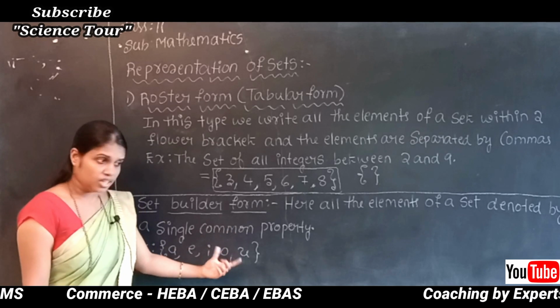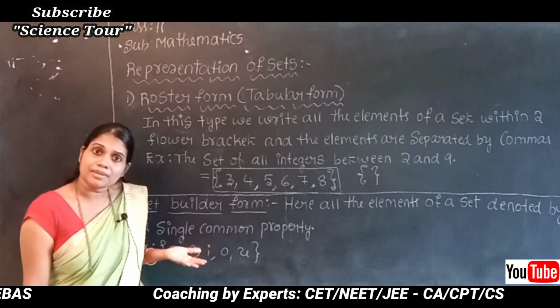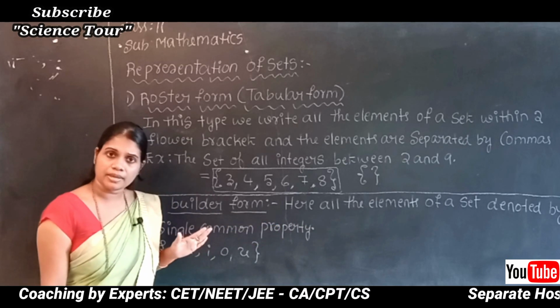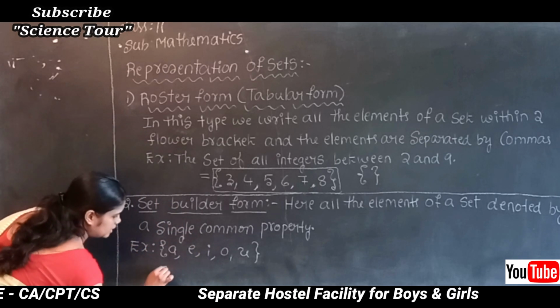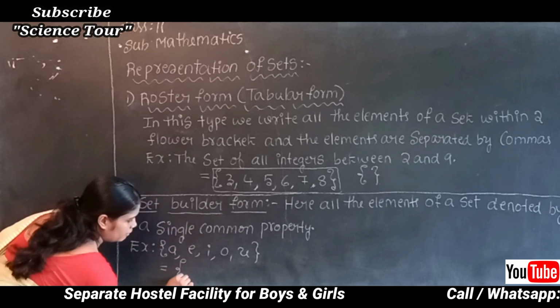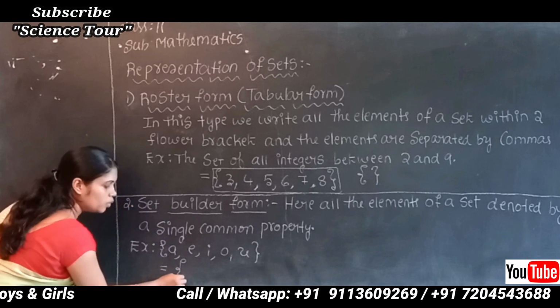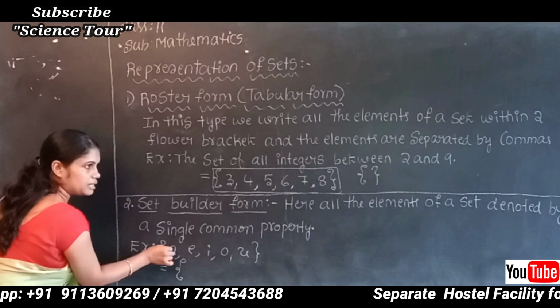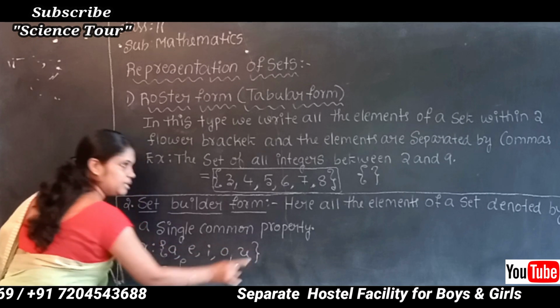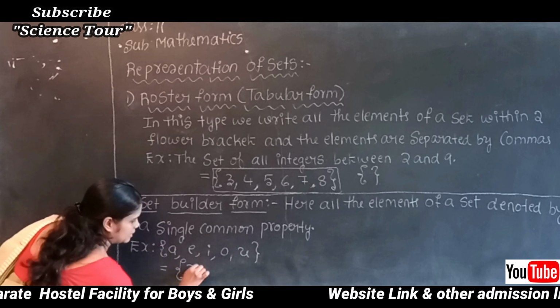Instead of writing all 5 elements, can I write it by using a single common property? Yes, I can write it. This is equal to a flower bracket. First you have to take a flower bracket. Now, instead of writing all these 5 elements, I will represent them by a single element, that is x.